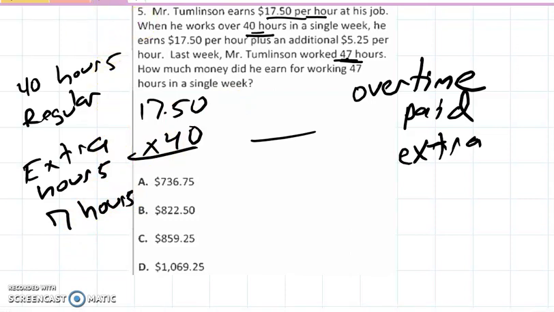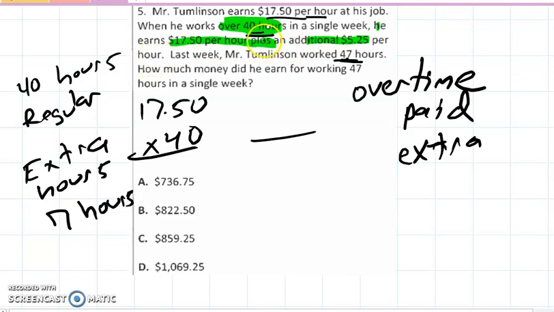It tells you right here. It says when he works over 40, he earns $17.50 per hour plus an additional $5.25 per hour. So that means he earns what he earned for the first 40, but on top of that he also gets $5.25 per hour.